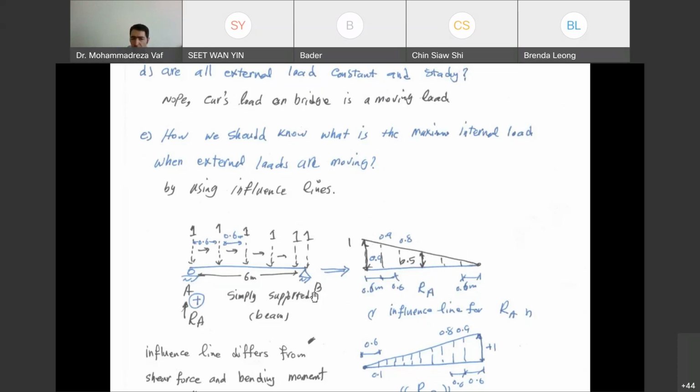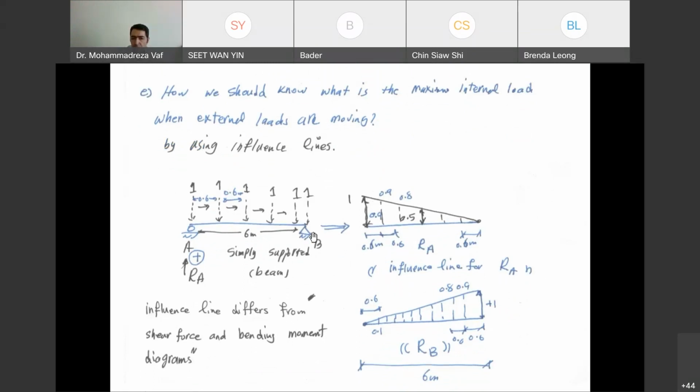Similarly, you can draw another influence line, but this time for point B, meaning the support reaction at point B. Again, you can put the load at different locations and get how much is the reaction at point B. So when this unit load is at point A, the support reaction at point B is 0. When the load comes to the middle of a span, then the support reaction becomes 0.5.